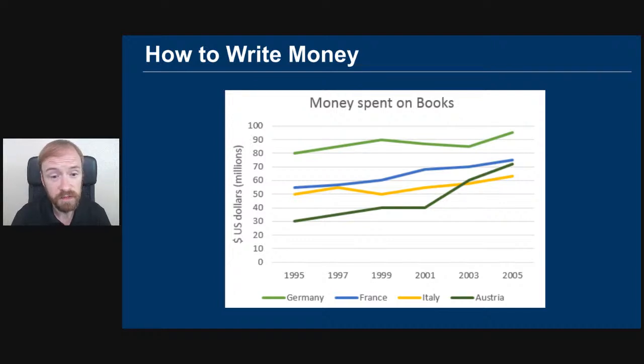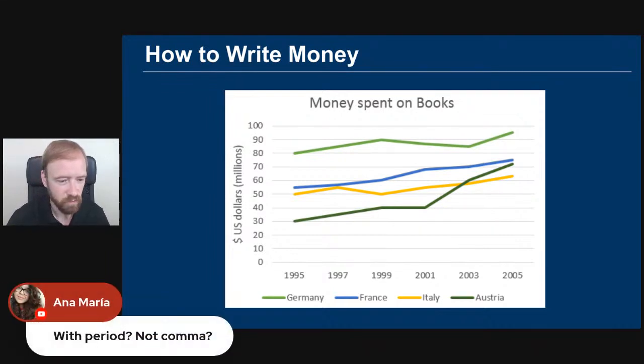So you've got to be careful. This chart is asking you to express money. It's the money spent on books in Germany, France, Italy, and Austria. So on the left side, US dollars in millions: $10 million, $20 million, $30 million, going up to $100 million.